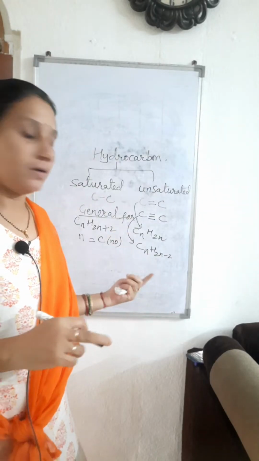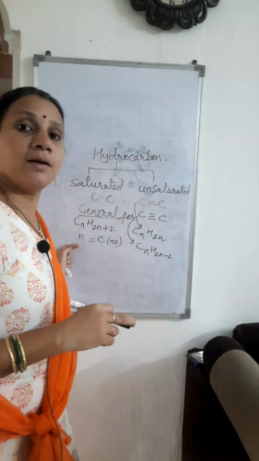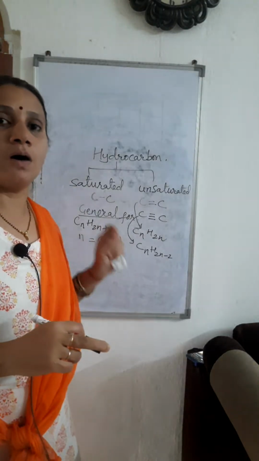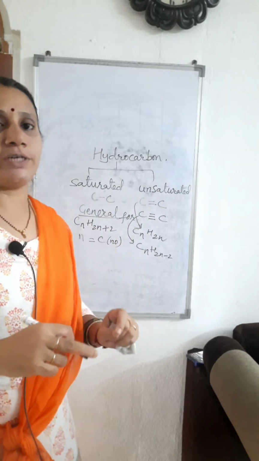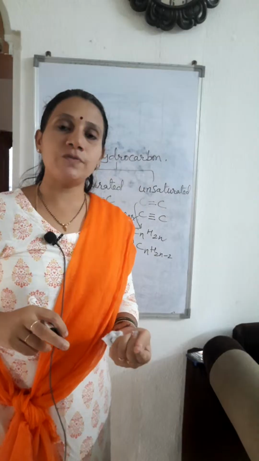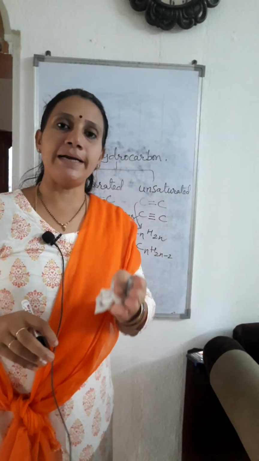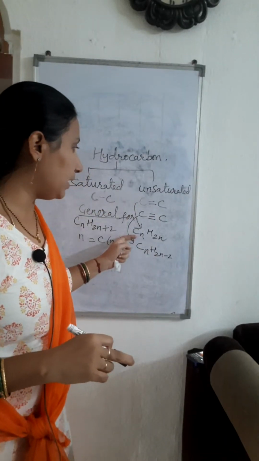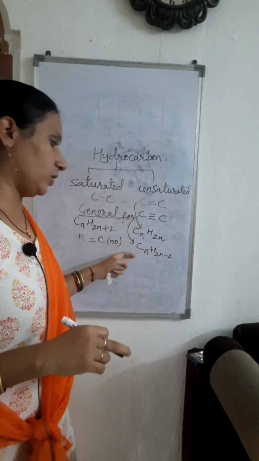So first memorize the general formula of saturated and unsaturated hydrocarbons. Saturated means single bond compounds, unsaturated means double and triple bond compounds, each with its own general formula.